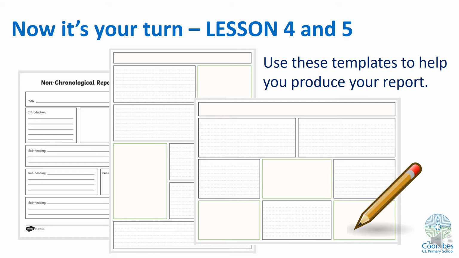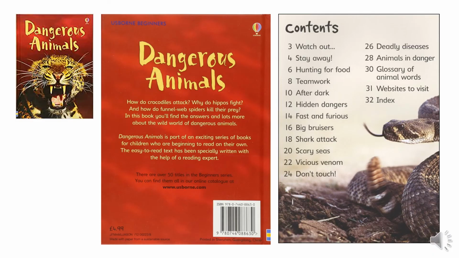Choose one of these, and then again use your spidergram, use your research from yesterday, use the pictures that I gave you of the back cover and the contents of each book to help you to put your information down on paper. I've just put these here in this video again for you in case you need them.